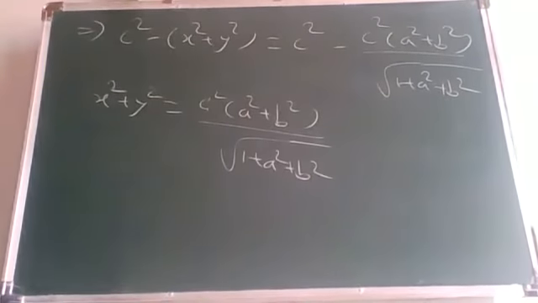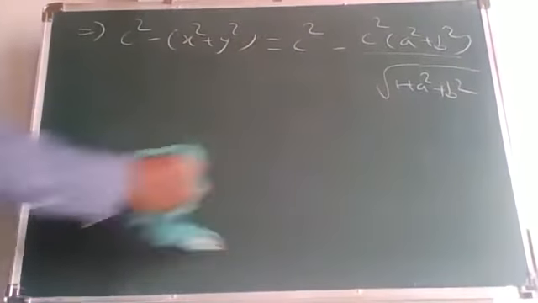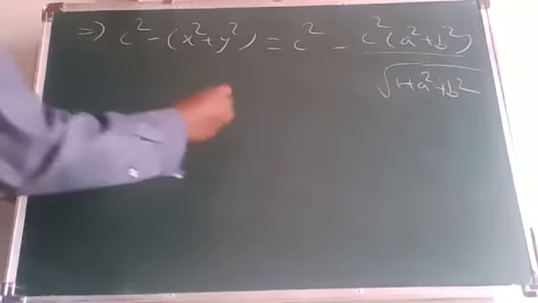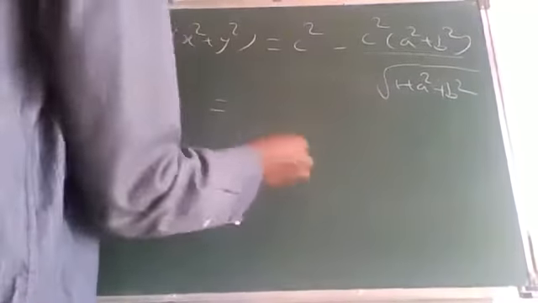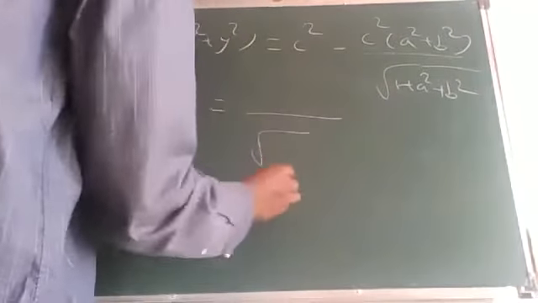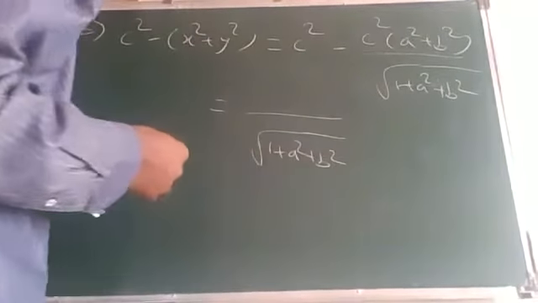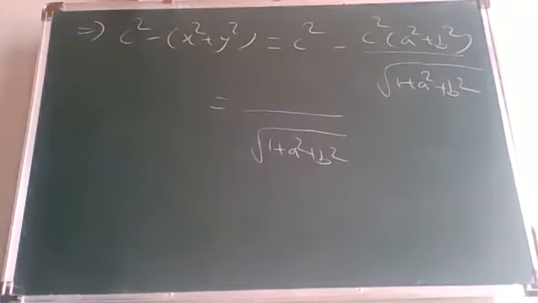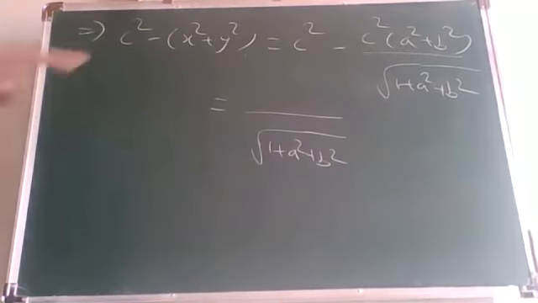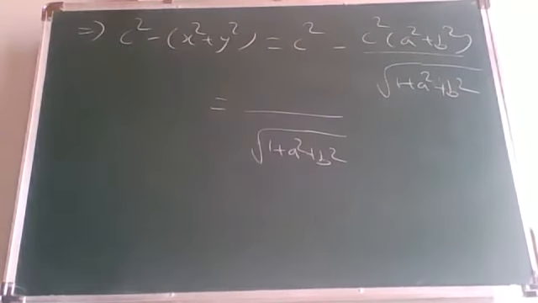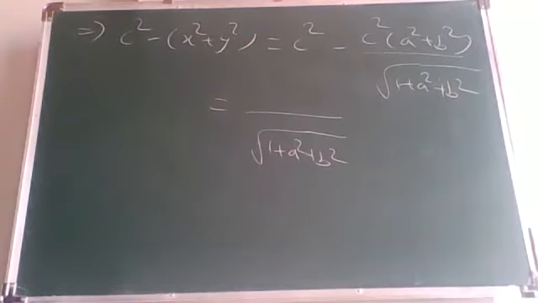Clearing the denominator on the RHS, it takes the form, which is equal to, at the denominator 1 plus a square plus b square, at the numerator 1 minus... Is it right? No, this square root is extra there, na?